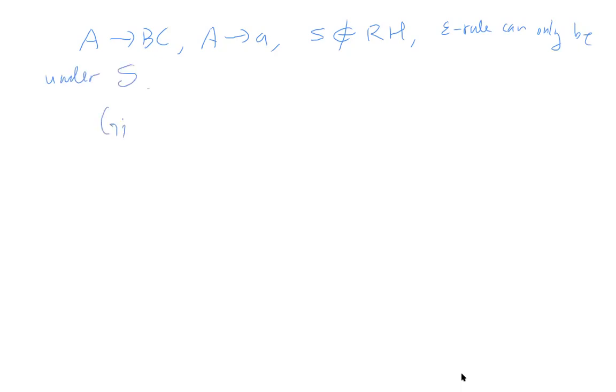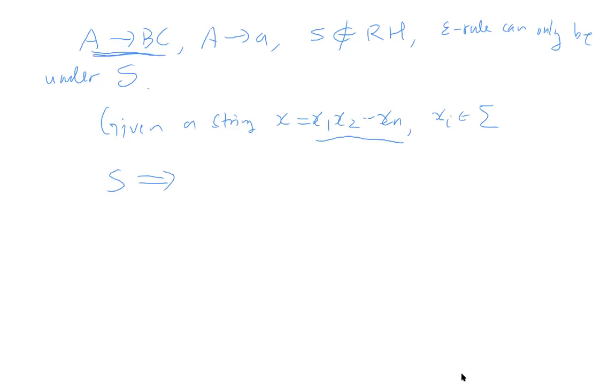let's say x, which is x1, x2, up to xn. It means the length of x is n, where each xi is a symbol. Now, to derive this, you must use these rules.